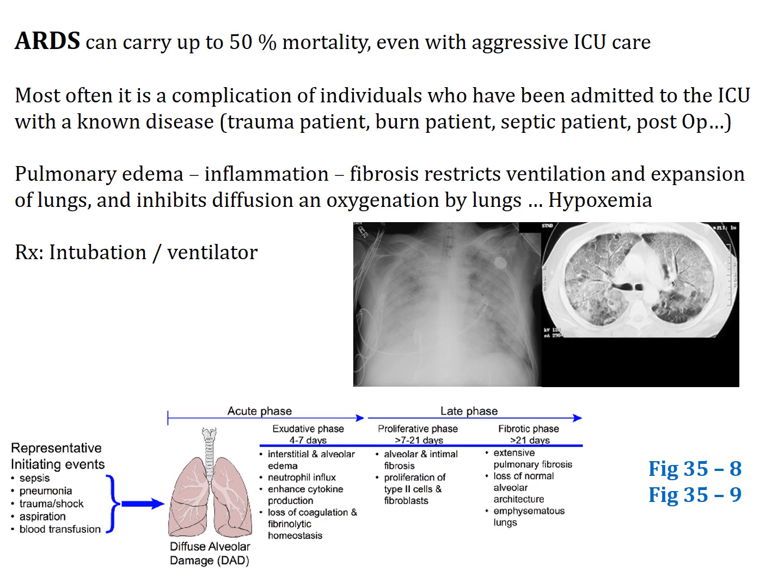Initially, the inflammation and capillary leak lead to edema. Over time, that inflammatory response becomes fibrotic, and that fibrosis can also restrict expansion of the chest, which can lead to impaired ventilation.